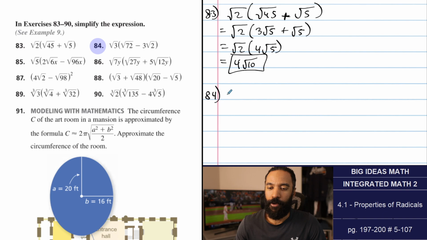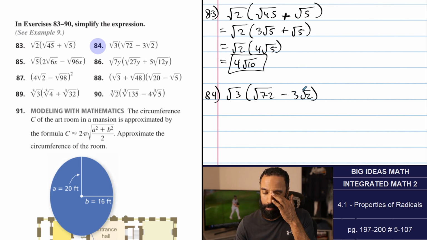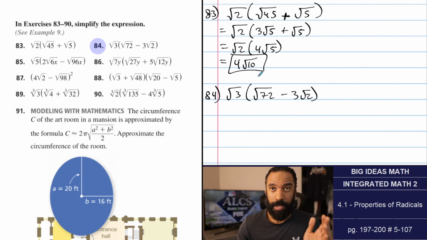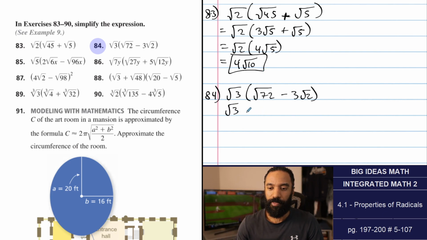All right, number 84, we have root 3 times root 72 minus 3 root 2. And this one's already simple. Well, not simplified, but this, yeah. Root 72 is root 36 times root 2, so 6 root 2. Looks like the same thing's going to happen here. And listen, I hope not every problem does this where they can combine.